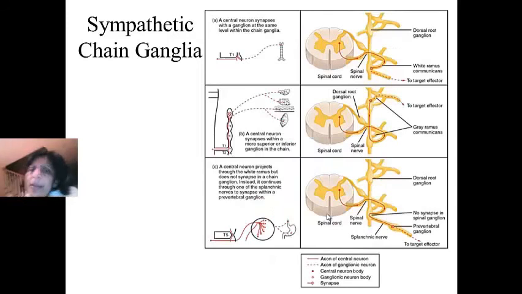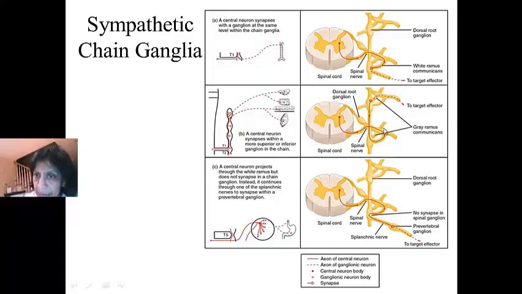In here, the innervation is shown in a little bit more detail. You're looking at the preganglionic neuron. This is the sympathetic chain of ganglia, and the many different ways by which a preganglionic neuron would synapse and then give rise to the postganglionic neuron. One in here, this is a preganglionic neuron traveling as part of the spinal nerve.